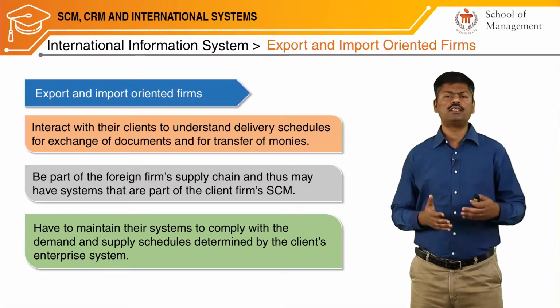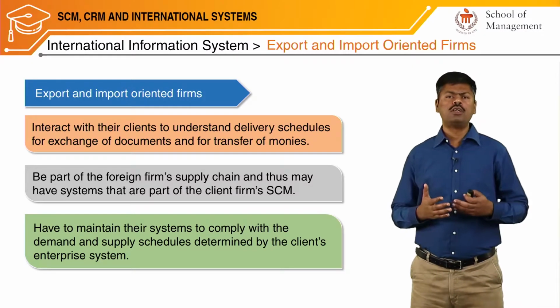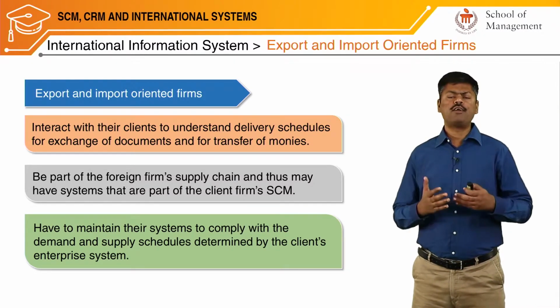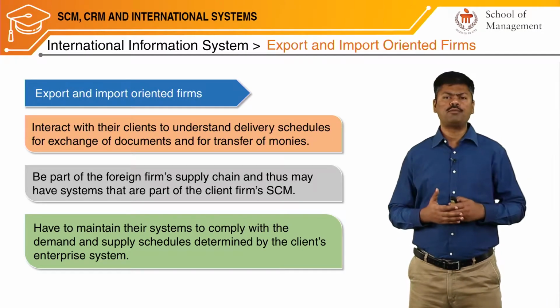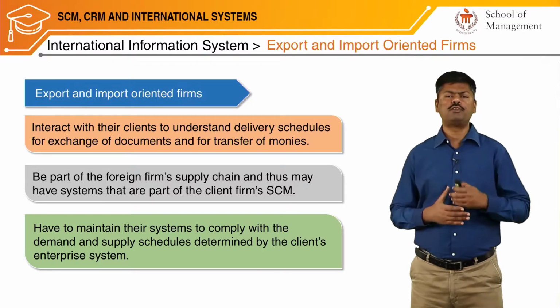They have to maintain the systems and comply with the supply schedule demands of the client's enterprise system. That is a very interesting thing to understand: when your client has a different type of system, you need to scale up to that level in order to partner with them.